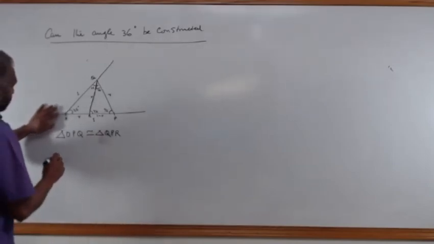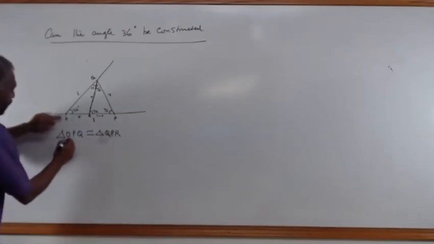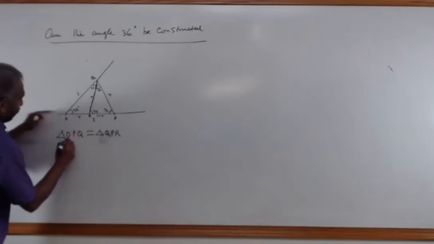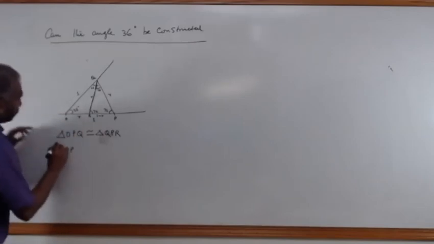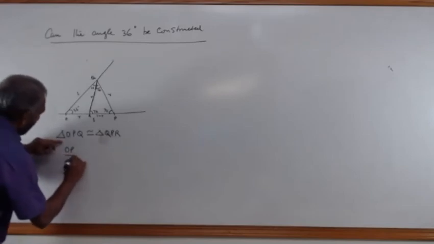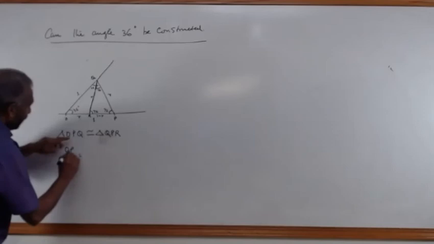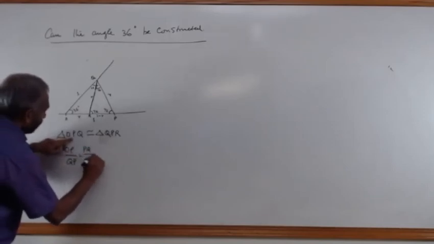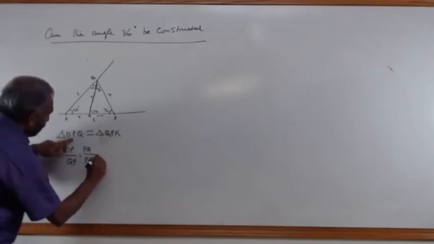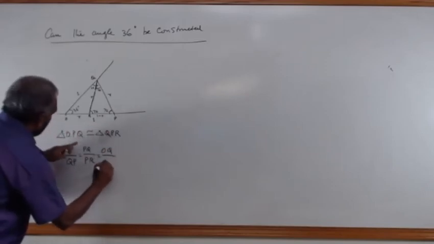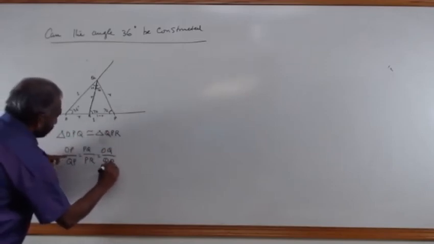So we can write OP by QP is equal to PQ by PR is equal to OQ by QR.